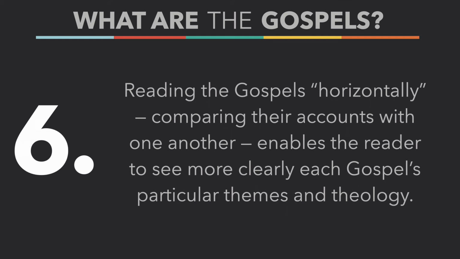But reading Gospels horizontally, that's what the harmony of the Gospels does for us, it puts them side by side, and then we can read across them for the same account, so we can get a more full picture. So we don't want to forsake either one. Both are very helpful, but we have to remember that the Spirit inspired each Gospel individually, so we want to maintain those distinctives.